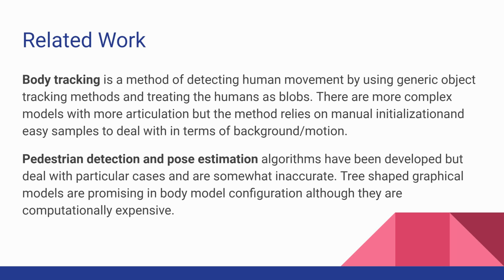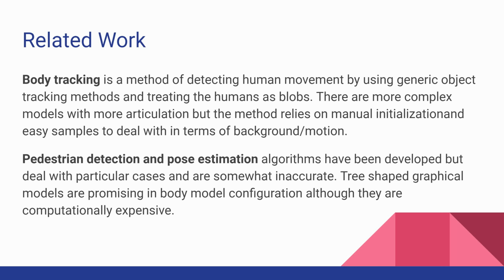The related work includes body tracking, which is a method of detecting human movement by using generic object tracking methods and treating the humans as blobs. There are more complex models with more articulation, but the method relies on manual initialization and easy samples in terms of background motion. So that's the manual aspect that they're trying to get around.